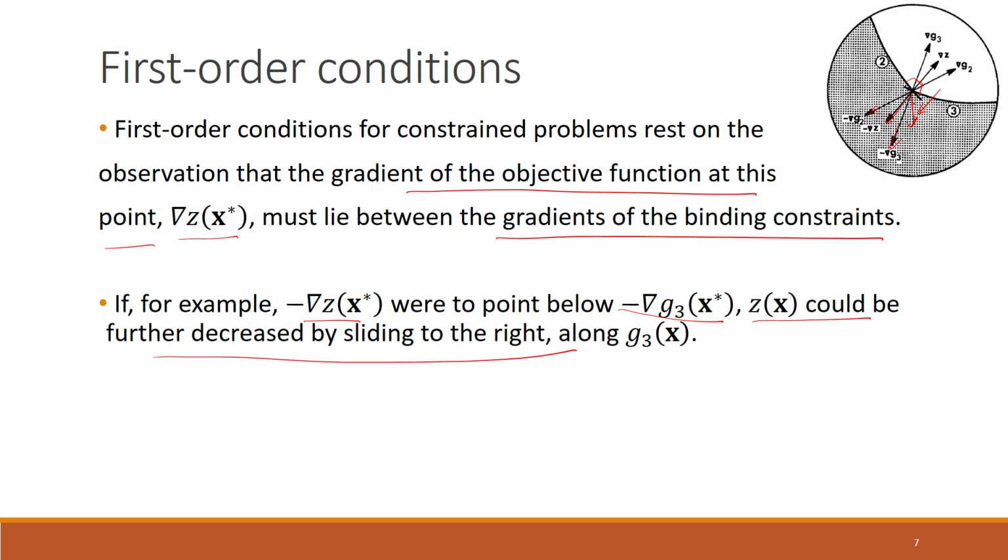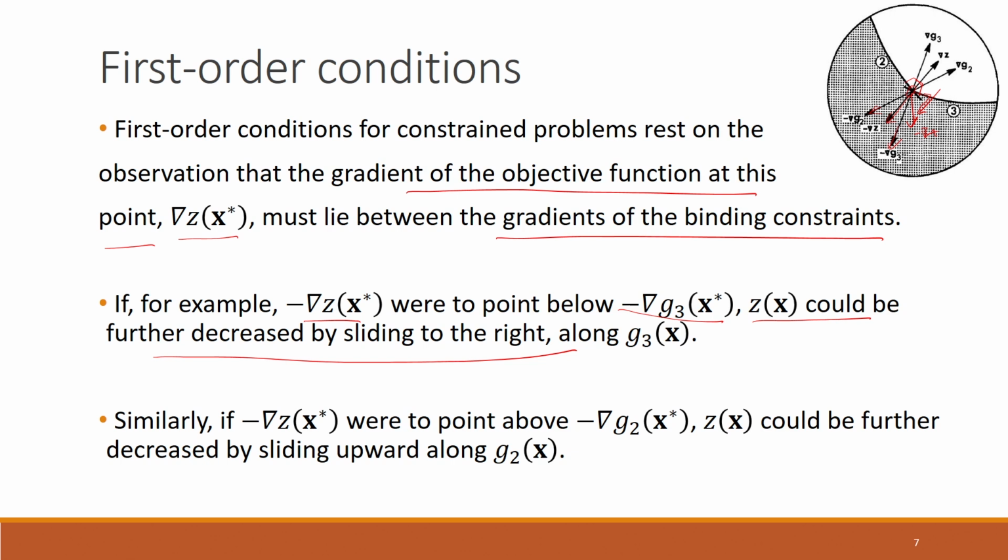So if the minus grad z was actually in this direction, then it would be possible to further decrease the objective function value by going in this direction here, and then we will be reaching some particular point which will be the optimal one. But then this leads to a contradiction because we already assumed that the optimal point is here.